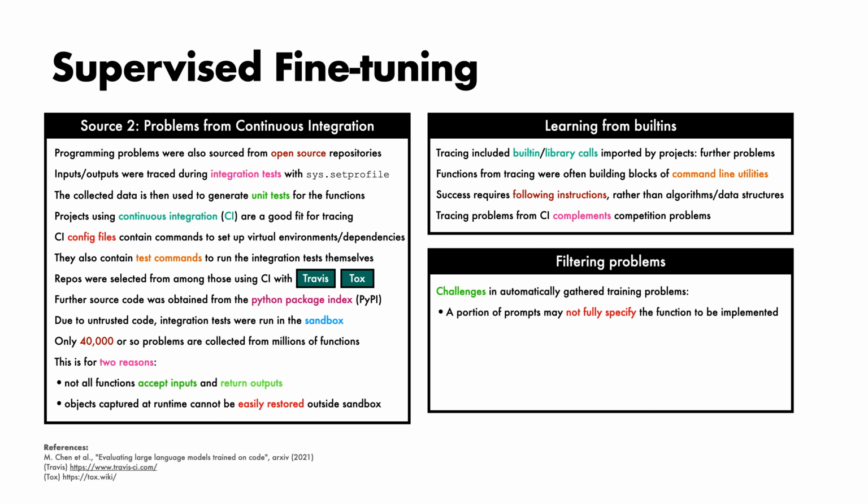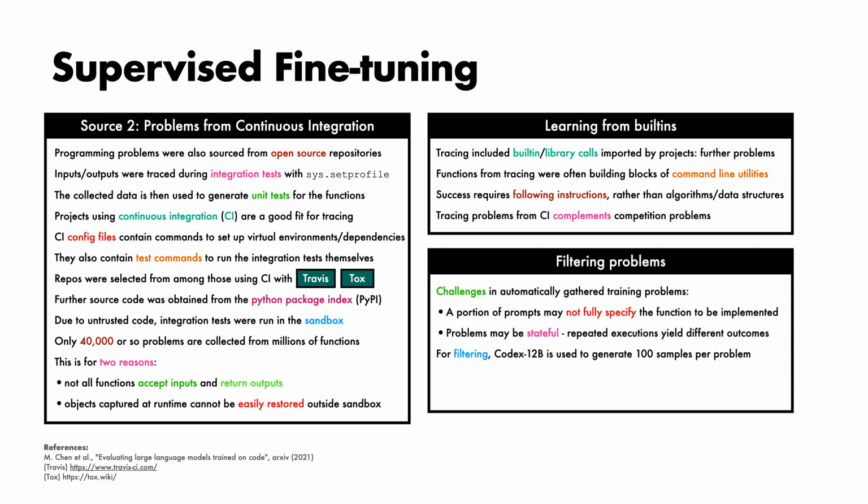Some challenges can arise in automatically gathered training problems. A first is that a portion of the prompts may not fully specify the function to be implemented, so a valid solution may be penalized unfairly by a unit test. A second is that problems may be stateful, and as a result, repeated executions can yield different outcomes.